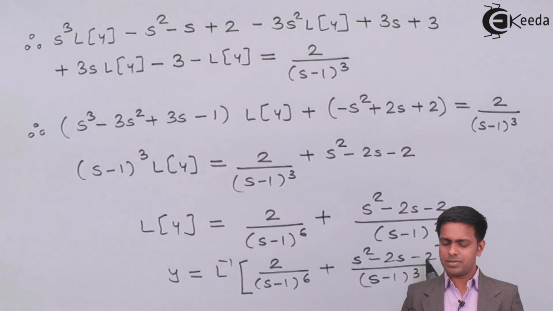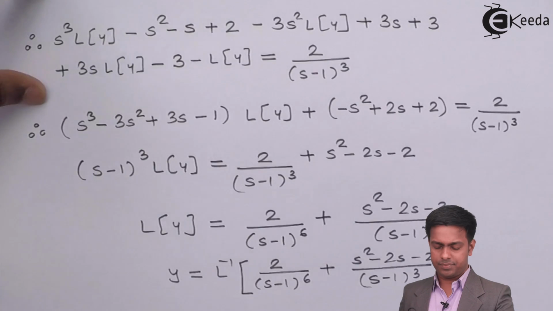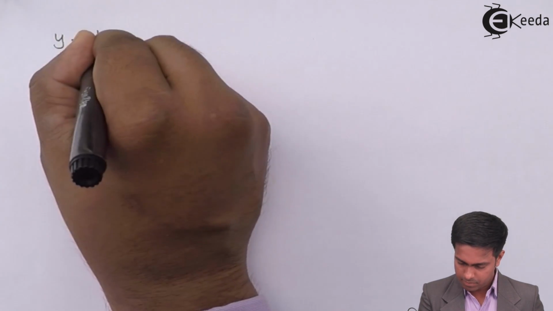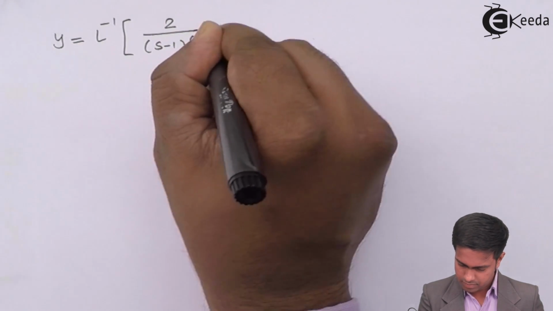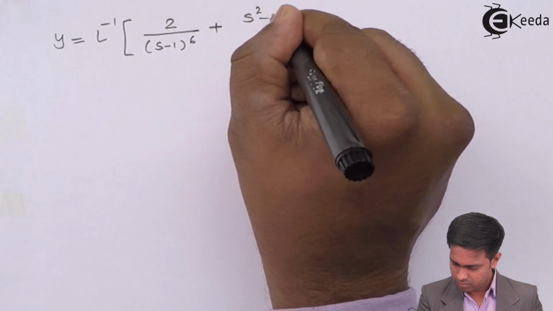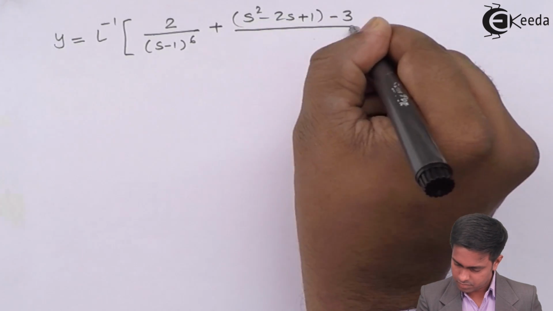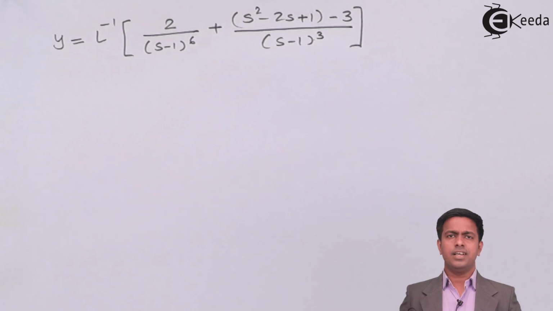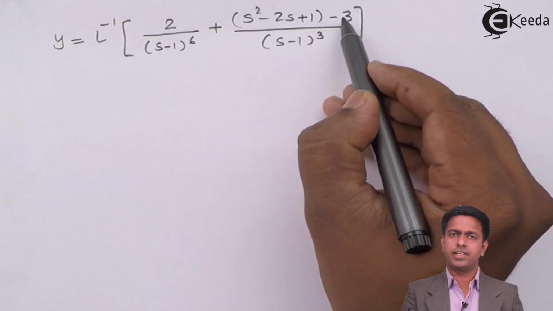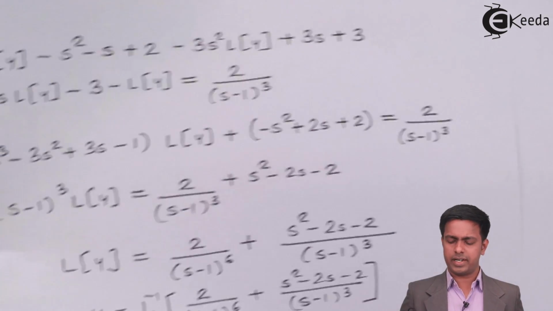So here I'll write down this minus 2 as plus 1 minus 3. So here I'll get... Now guys, here plus 1 minus 3 is going to give me minus 2, which was the original term, and the remaining things I've kept as they are.